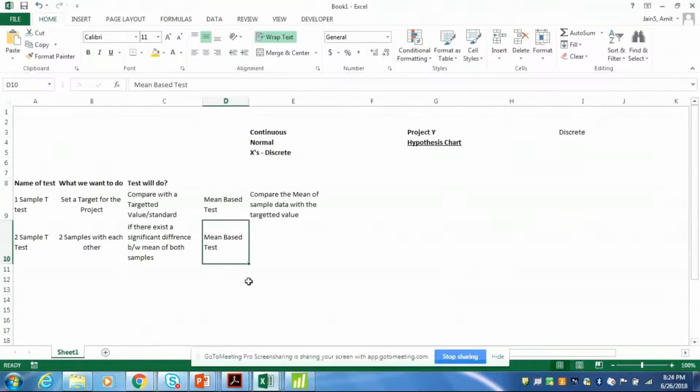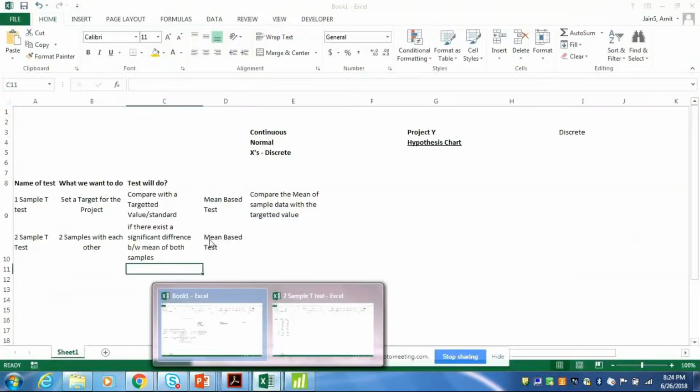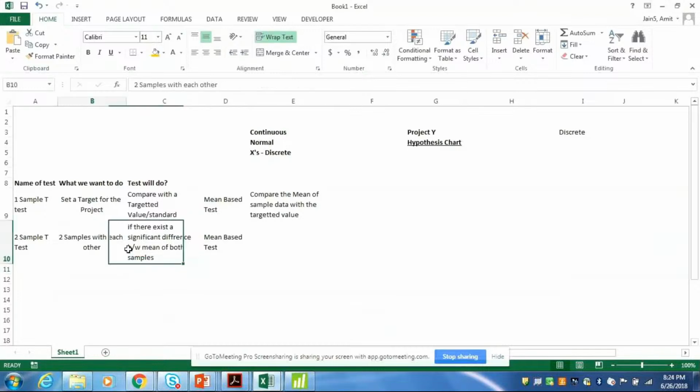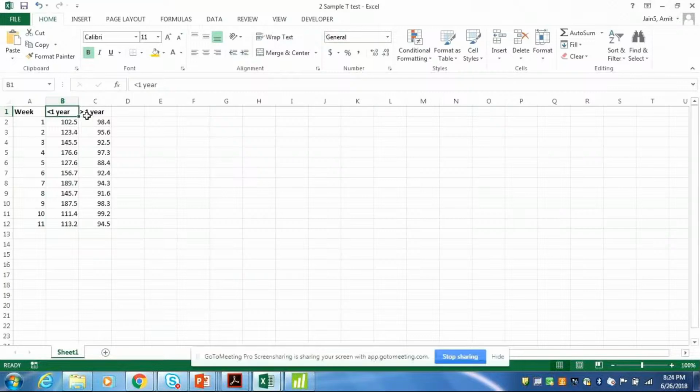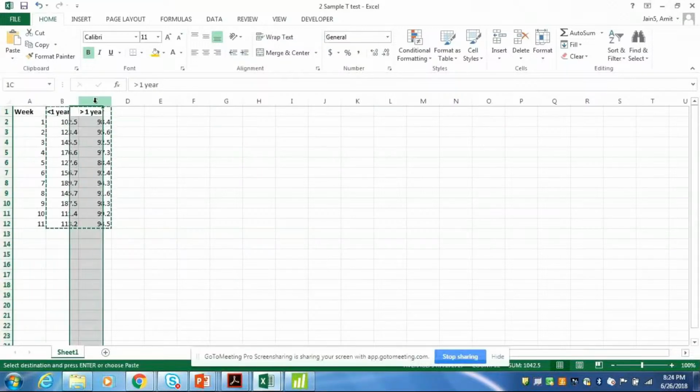Now, let me just first close it. Now, the same example of the average handling time project. What we want to do is compare. There might be two supervisors, supervisor A or supervisor B, or, in the example that I have in the two sample t-test data, we have tenure of associates less than 1 year and tenure of associates greater than 1 year.